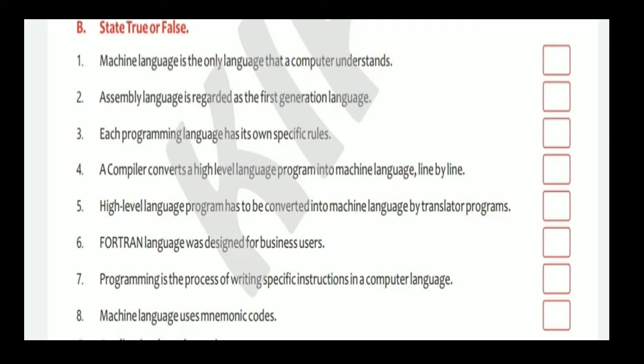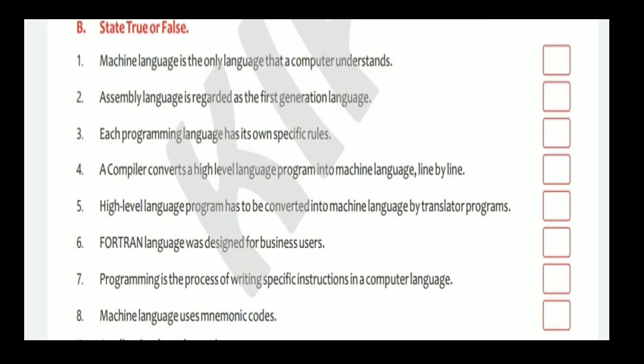Third is: each programming language has its own specific rules, that is called syntax. So that is true. Fourth: a compiler converts a high-level language program into machine language line by line. No students, that is wrong, because not compiler, interpreter converts a high-level language program into machine language line by line.